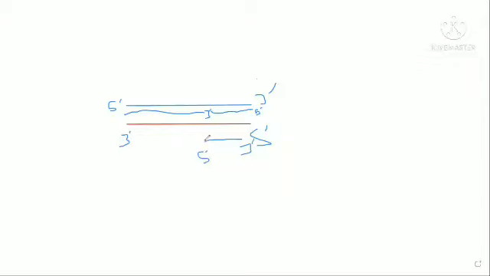However, DNA polymerase can't add to the 5' end. So what it would do is twist this molecule in such a way that, after it's twisted, you have 5', 5', 3'.